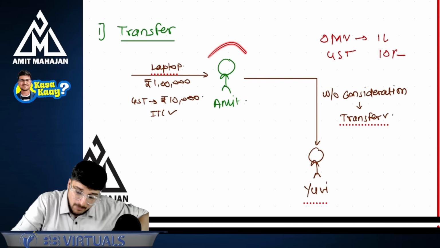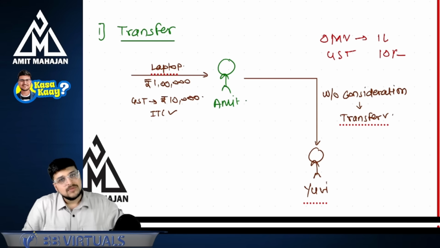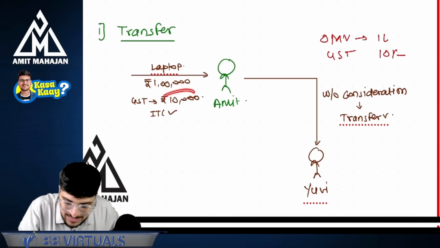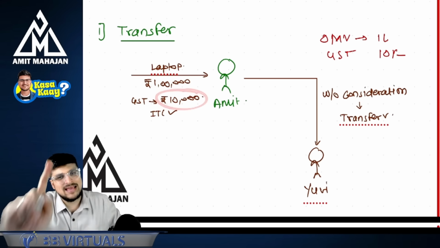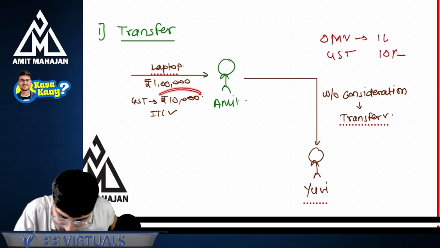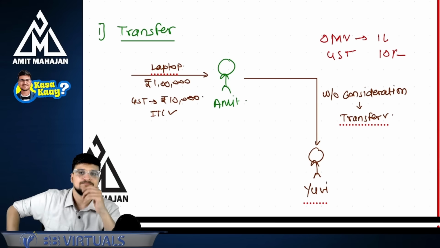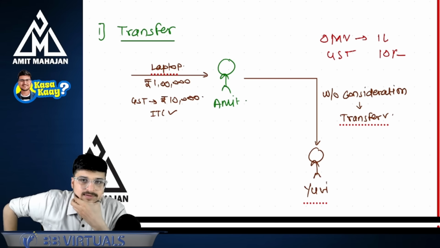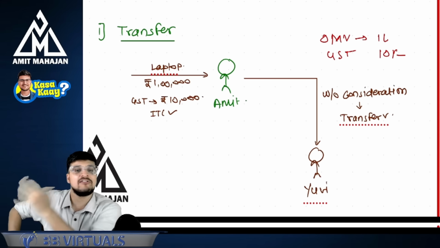So can I say it will be Amit's responsibility to pay 10,000 to the government? Yes. Now, while making the payment, of course, he has the ITC, so he will not pay out of his pocket. He will use his ITC. Can I say that he reversed this ITC by utilizing it? And that is what the government wanted. That's why they created the liability, so that I will utilize the ITC, which means I will reverse the ITC.